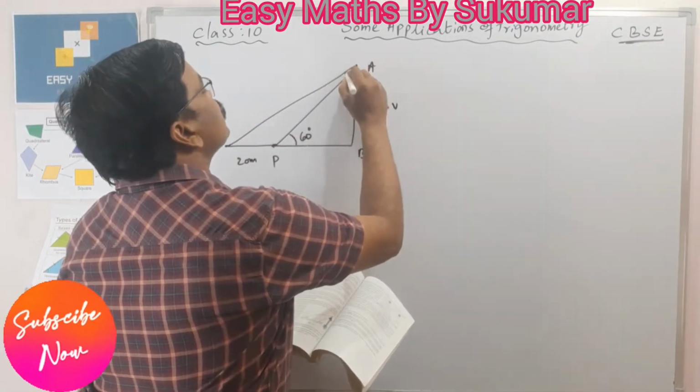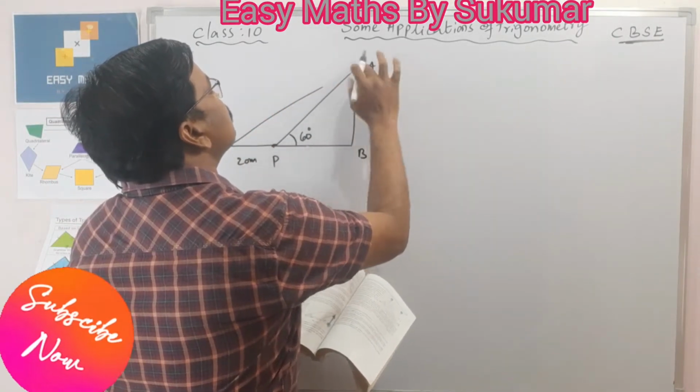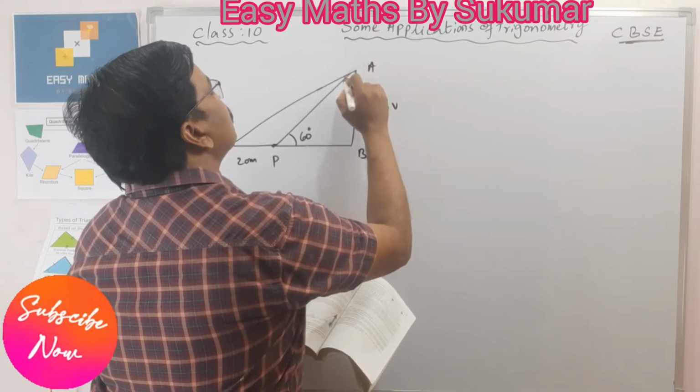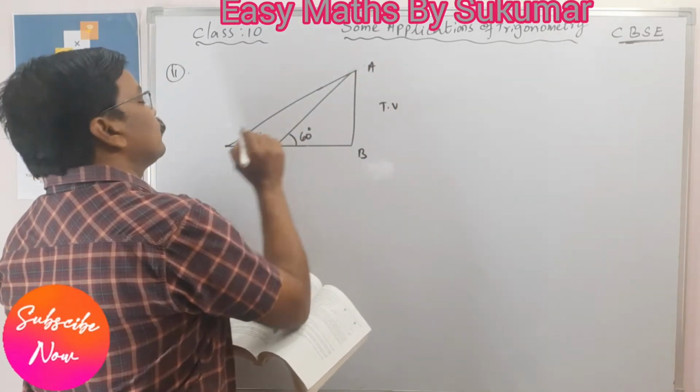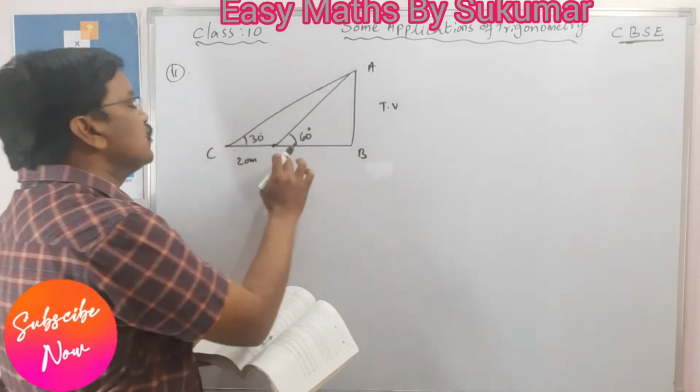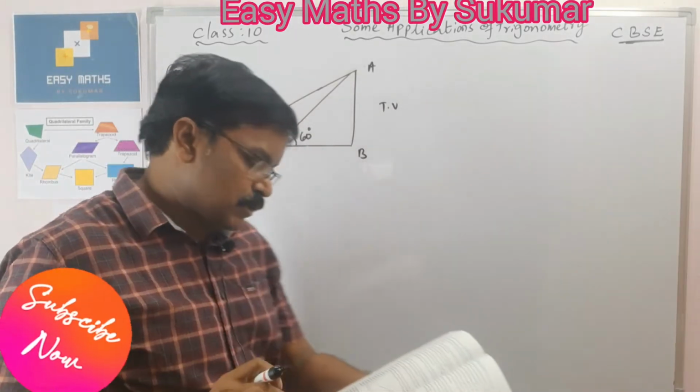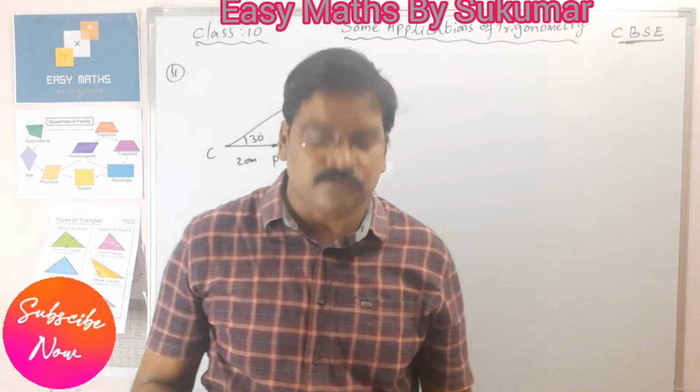That angle of elevation is 30 degrees. So A, B, C, this is the point, this is another point. Find the height of the tower and the width of the canal.